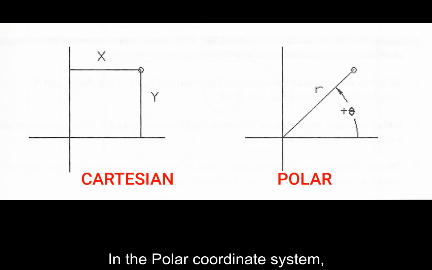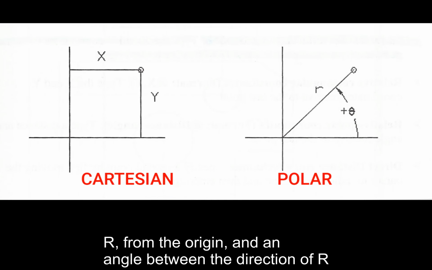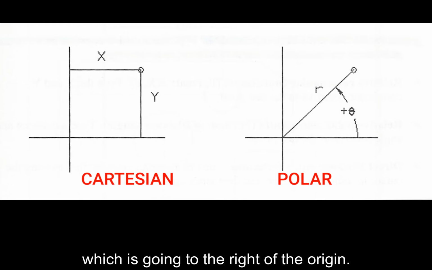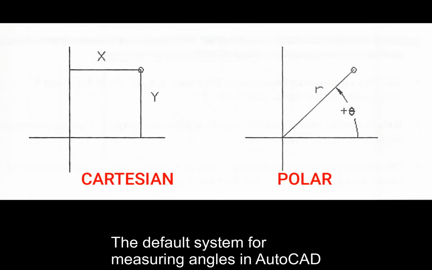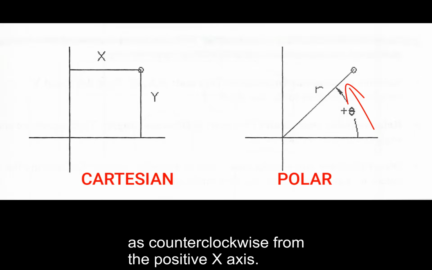In the polar coordinate system, points are defined in terms of a radial distance r from the origin and an angle between the direction of r and the positive x-axis, which is going to the right of the origin. The default system for measuring angles in AutoCAD defines positive angular values as counterclockwise from the positive x-axis.